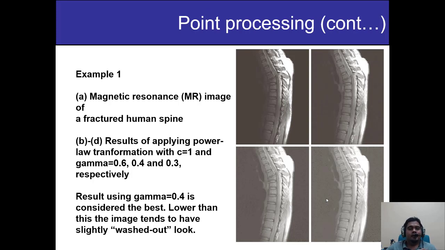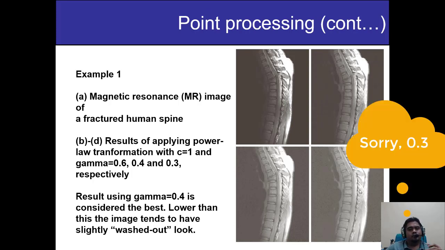So you can see that is how image enhancement works. There's no right way, there's no single suitable technique there. Which one is better is based on subjective observation. If you find this one is better, then you can select the gamma equal to 0.3, but some people might say this is better, then they usually choose the gamma equal to 0.4.